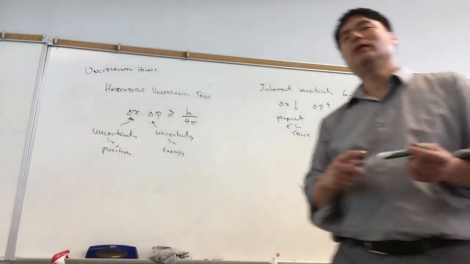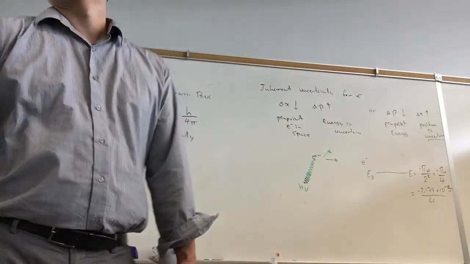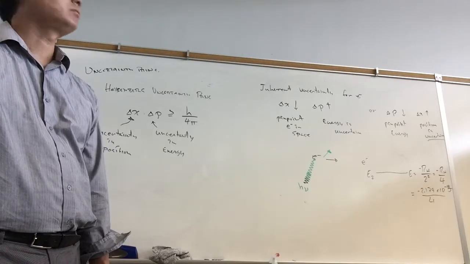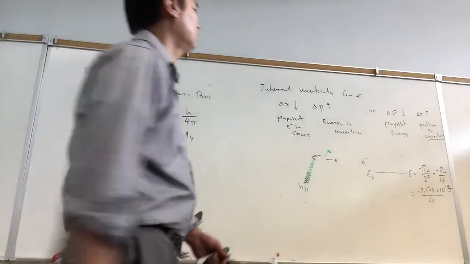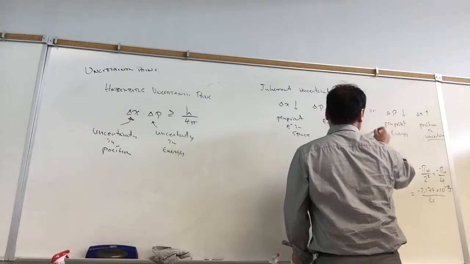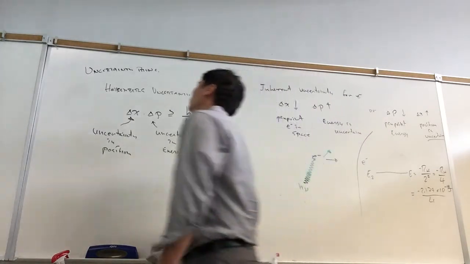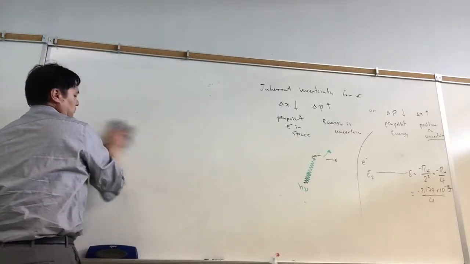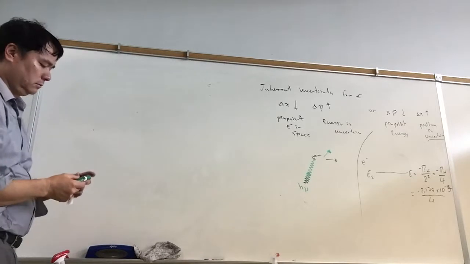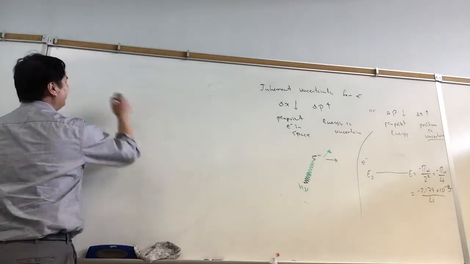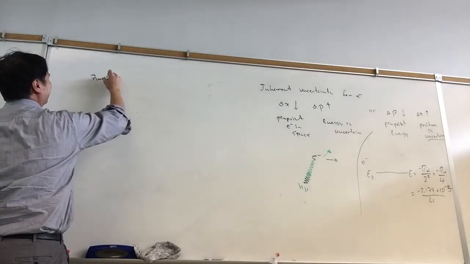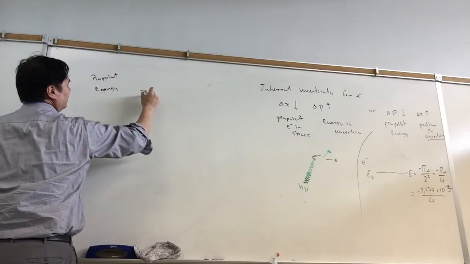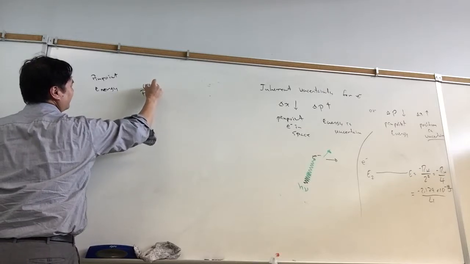Right? If we pinpoint the energy, what does it tell us about its position? Well, if we pinpoint the energy, then the uncertainty in the position is going to go up.